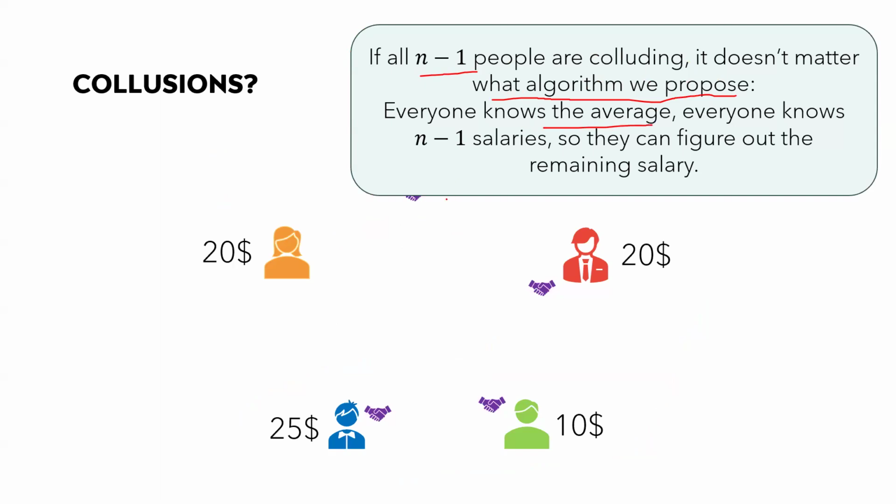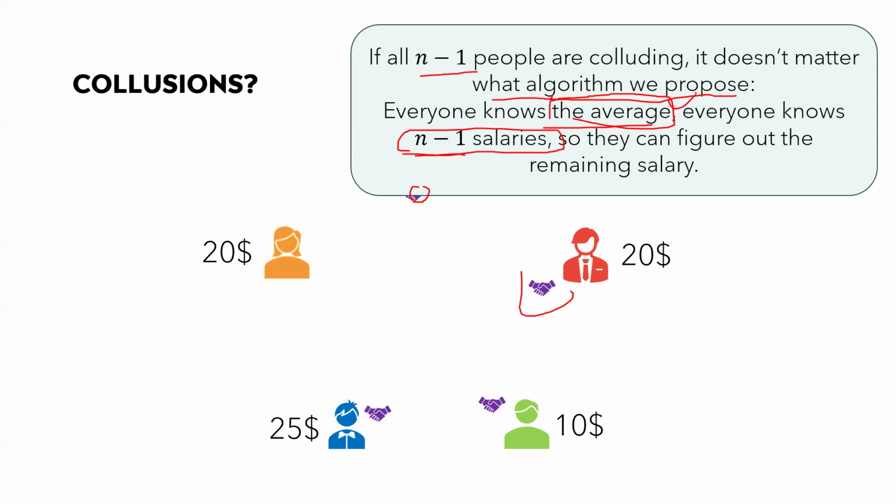Once all the colluders know what the average is, and everyone knows the n-1 salaries that they have, then taking the n-1 salaries as well as the average value, they can figure out what salary you have. So at that point, it's kind of moot, right? And it's very important to note here the average is the exact average. This is the exact value.